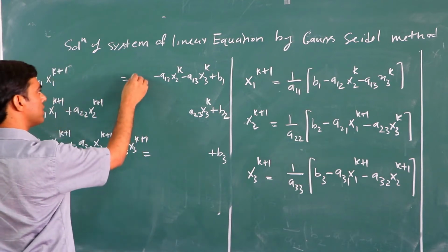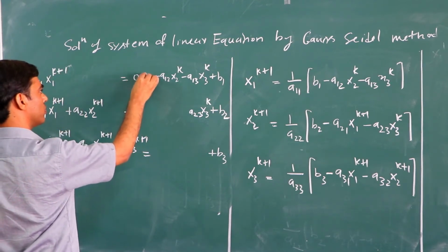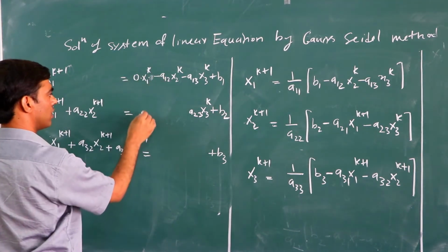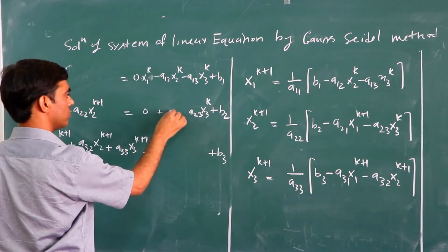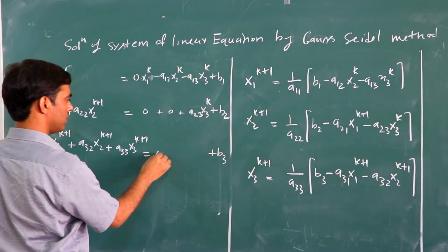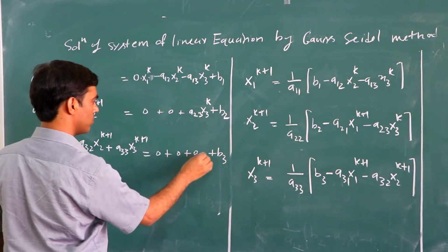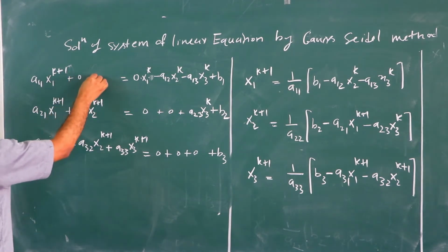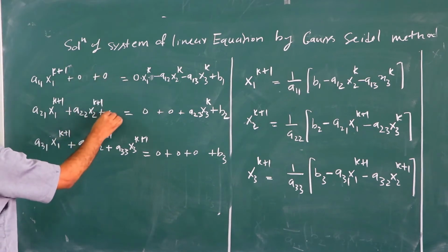All other coefficients become 0: 0 into x1 to the power k, 0 plus 0, and so on. Also the coefficient of x2 to the power k is 0, and the coefficient of x3 is also 0.